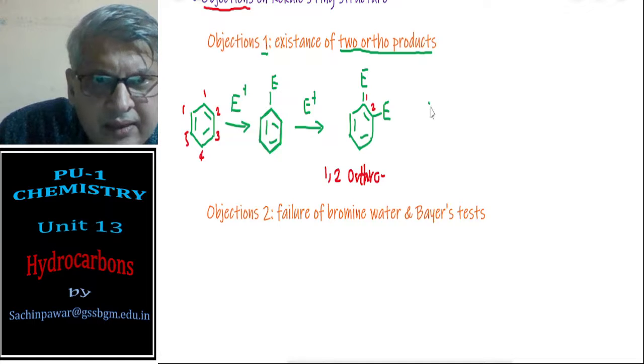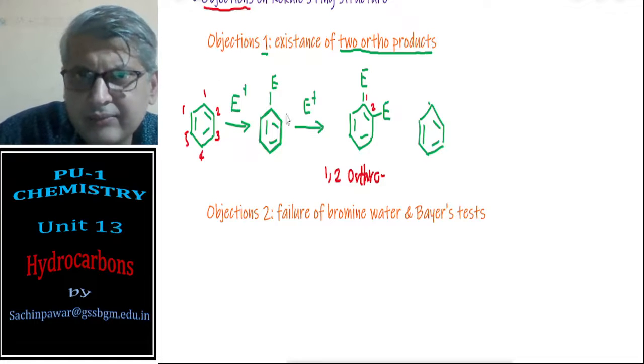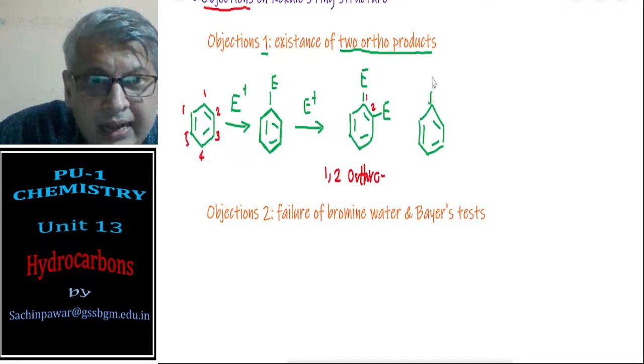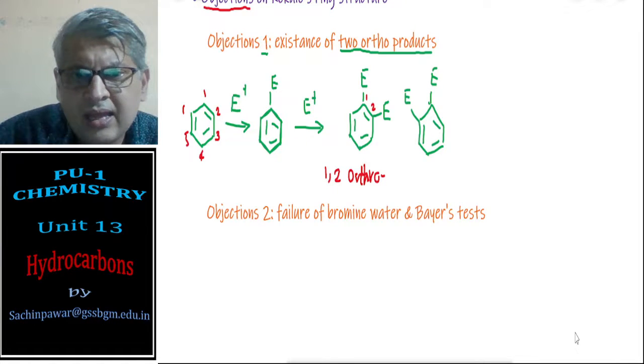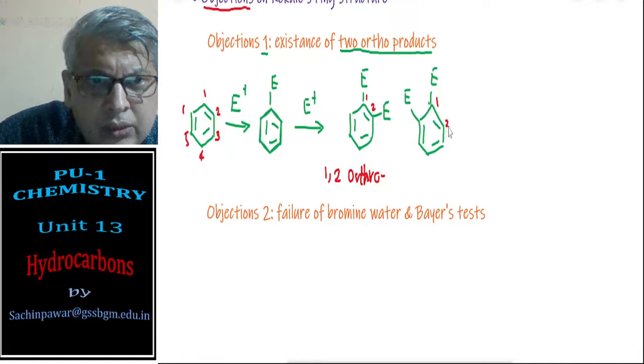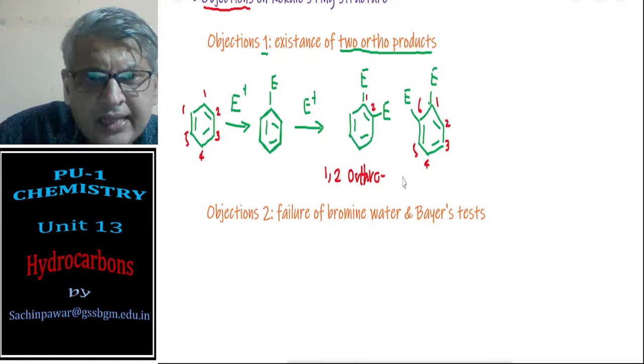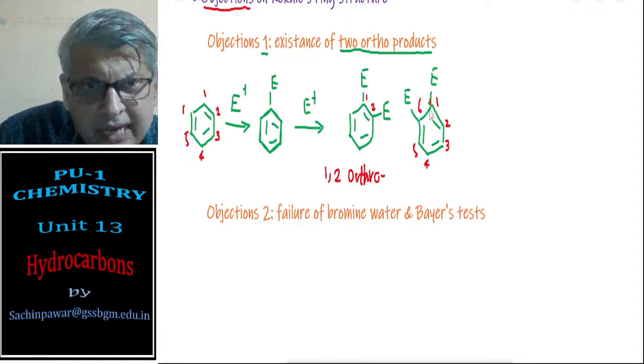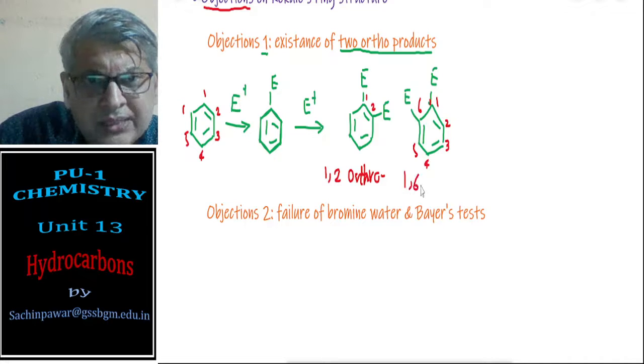That is again a hexagonal ring, with double bonds as shown by Kekulé, and adjacent carbon atoms, this time I will take this, and as Kekulé proposed, the numbering will be 1, 2, 3, 4, 5, 6. Then this is an ortho product only, because the adjacent carbon atoms have the substituents, but this will be the 1,6 ortho product.